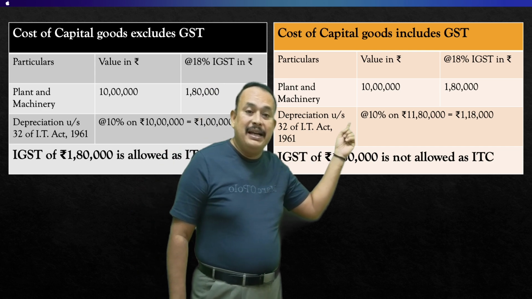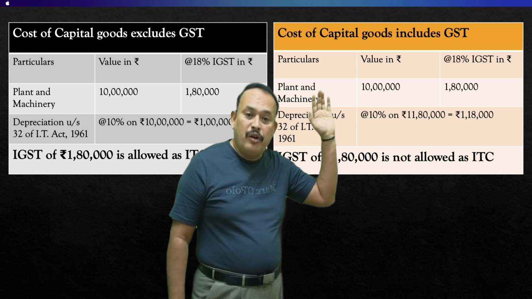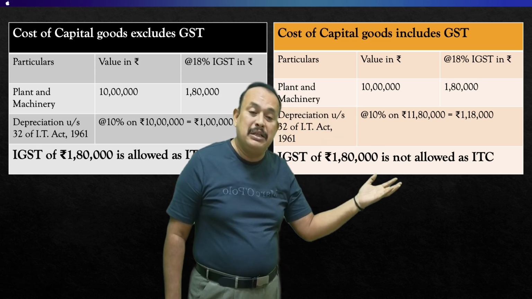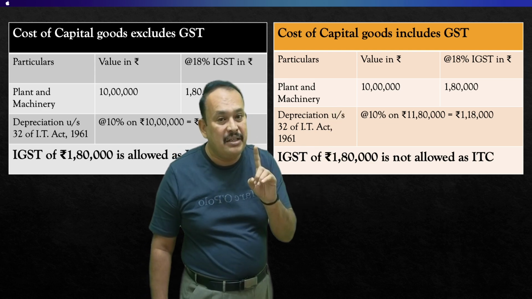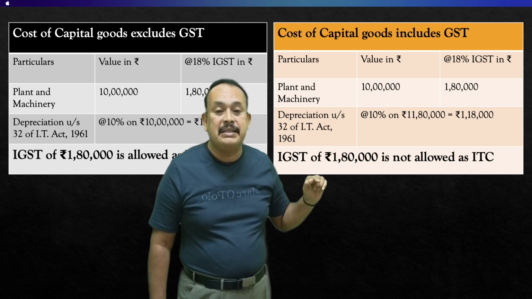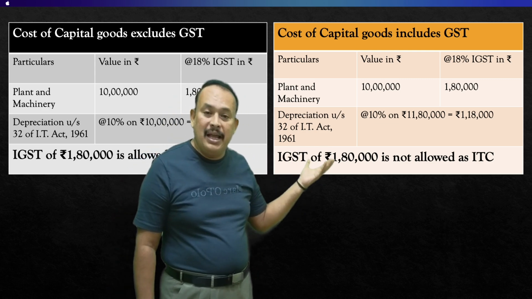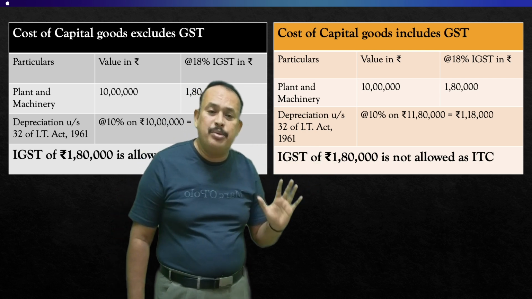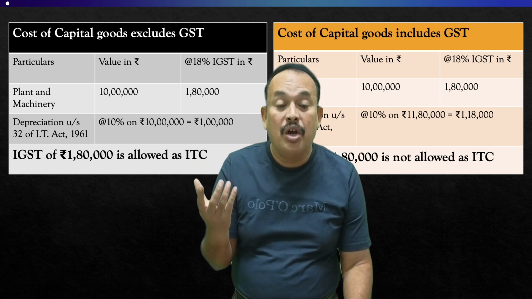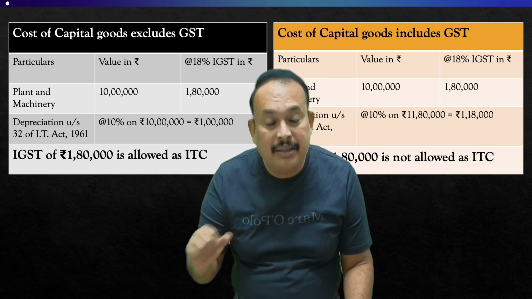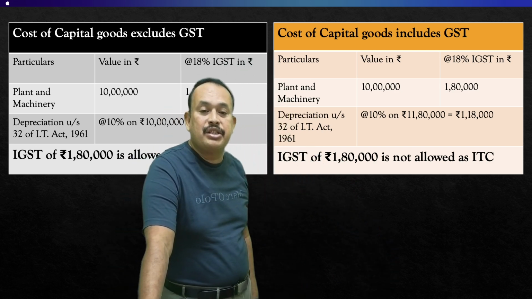So 11,80,000 is the value on which he claims depreciation at the rate of 10%. That means a higher amount of depreciation, a lesser amount of net profit, resulting in tax saving under income tax. Then don't expect any benefit of that GST by claiming ITC under the GST law. So IGST of rupees 1,80,000 is not allowed as ITC because you have capitalized the cost of the GST along with the cost of the capital goods for claiming depreciation under Section 32 of the Income Tax Act 1961.